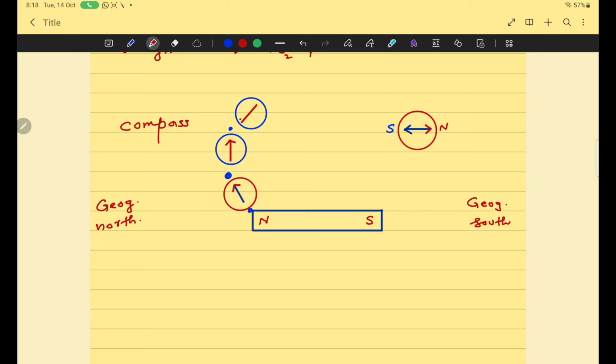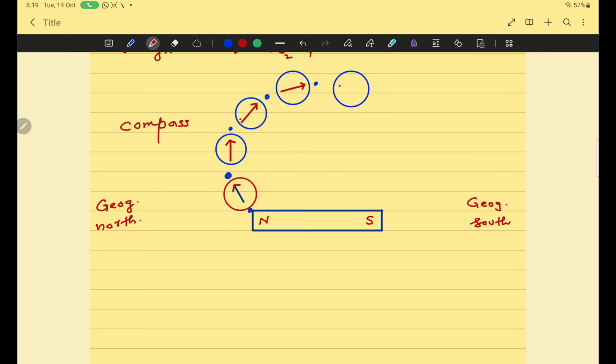You will find the pointer positions like this, and as you move forward with the magnet compass, the direction of the pointer keeps on changing.